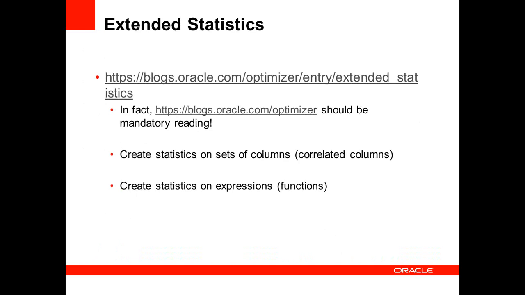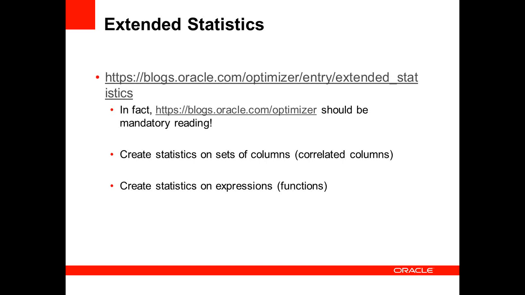Another approach to fixing the cardinality misestimates is extended statistics. This is the ability to create statistics on a set of columns or on an expression. Like if I had a where clause where column A plus column B divided by 2 is greater than 50, basically says where the average of A and B is greater than 50.